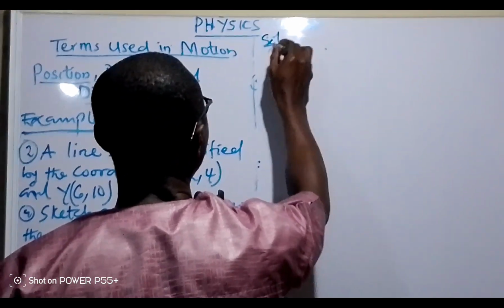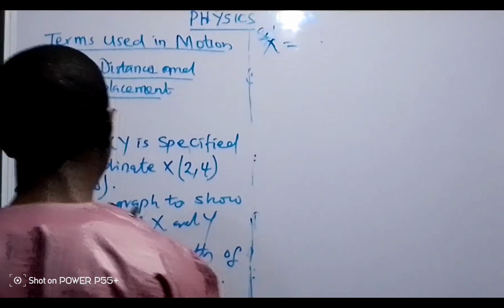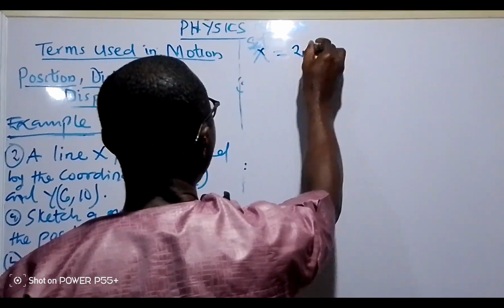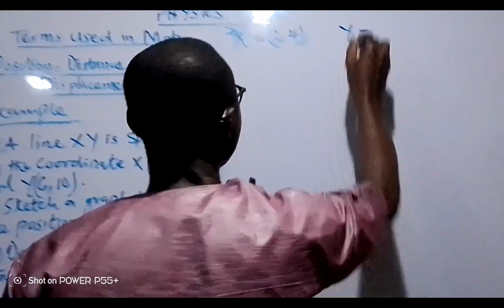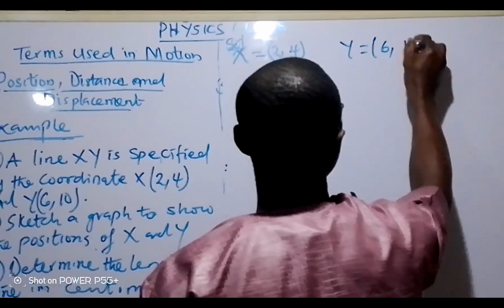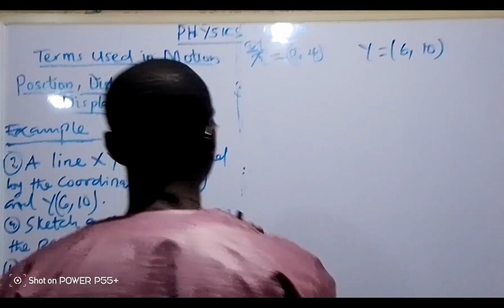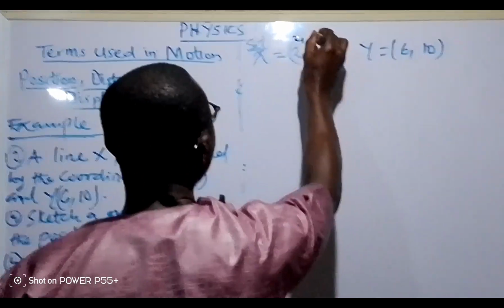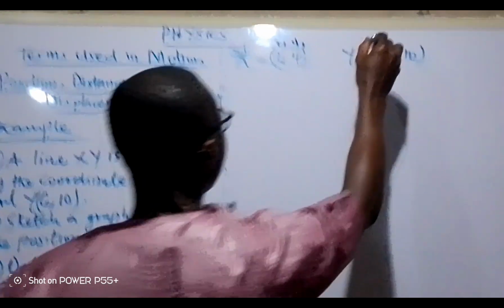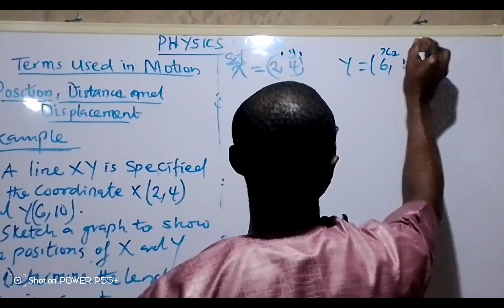For X, the position is (2, 4), and the position of Y is (6, 10). We are going to calculate the distance. Let's put our x1, y1, x2, y2.